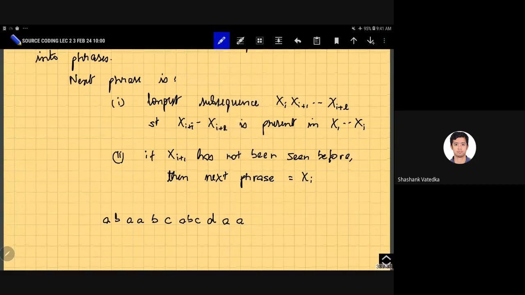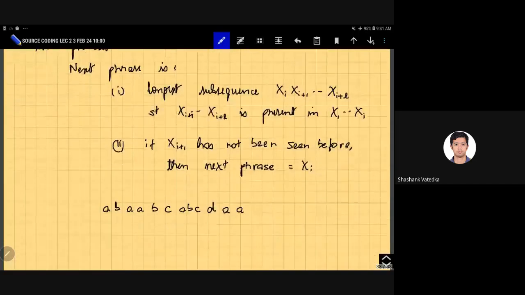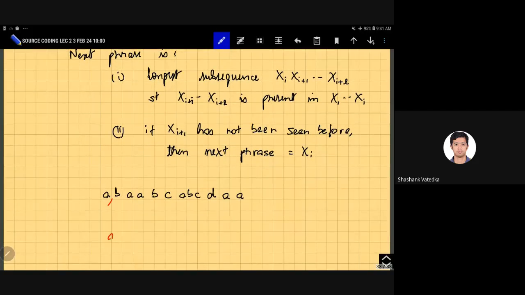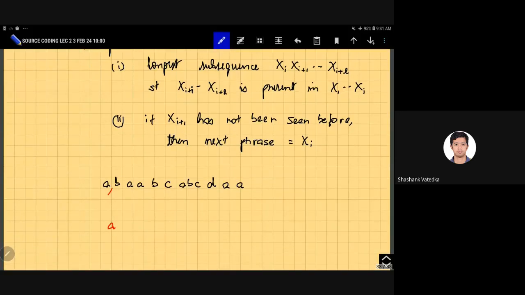As the rule says, the first phrase is always the first symbol, so just A is my first phrase. Now let's look at the next symbol, B. Have I seen B before? I have not. So the next phrase is just B.